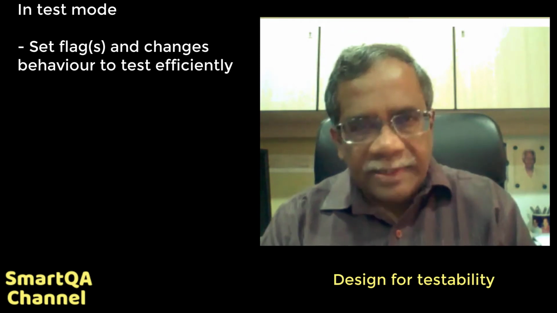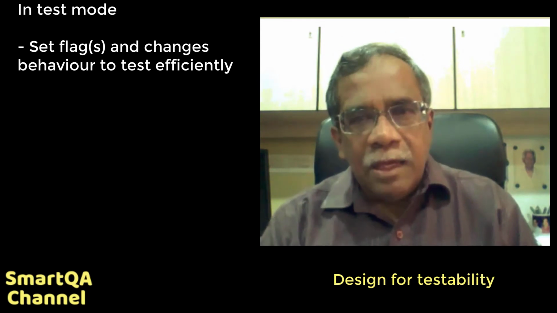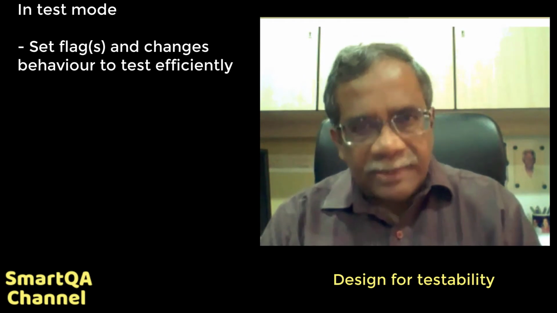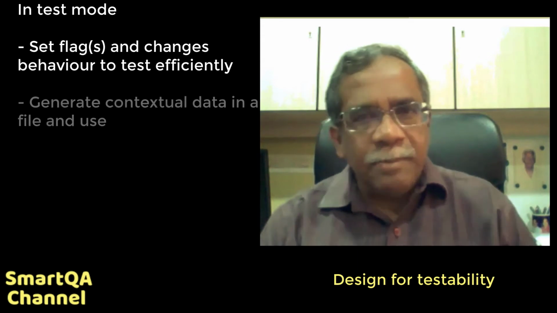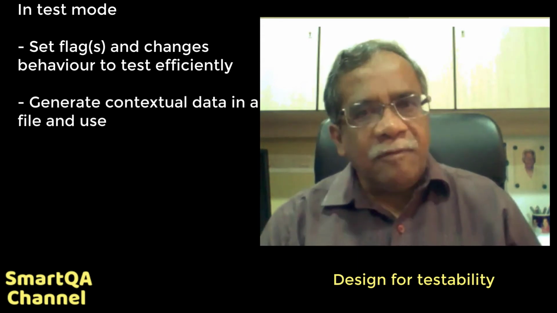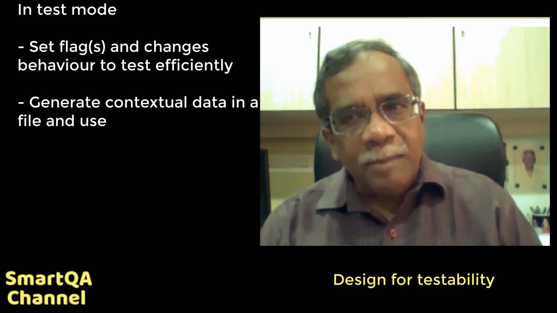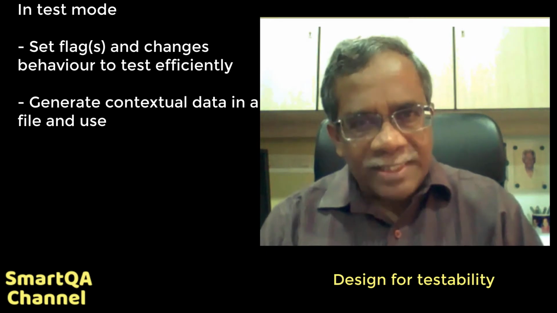The second thing is, in a workflow based kind of a product, you do certain things, and for the third step of the workflow, you need some information that has been generated in the first and second steps. Normally this will be visible to the user on the GUI, but in a GUI-less test automation, it becomes difficult.